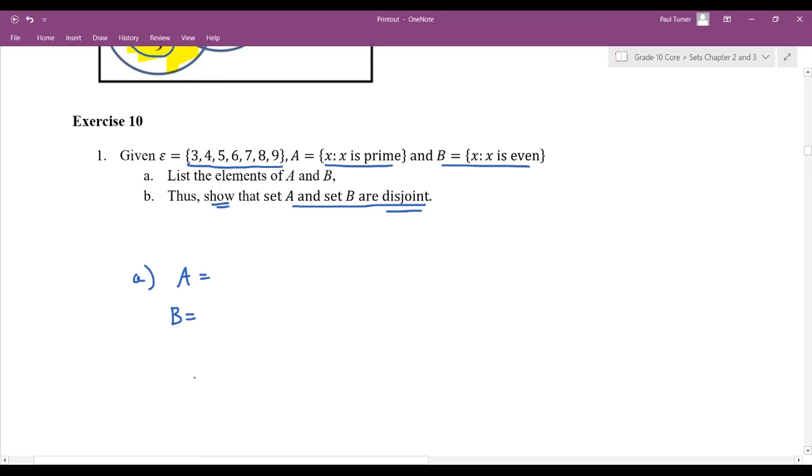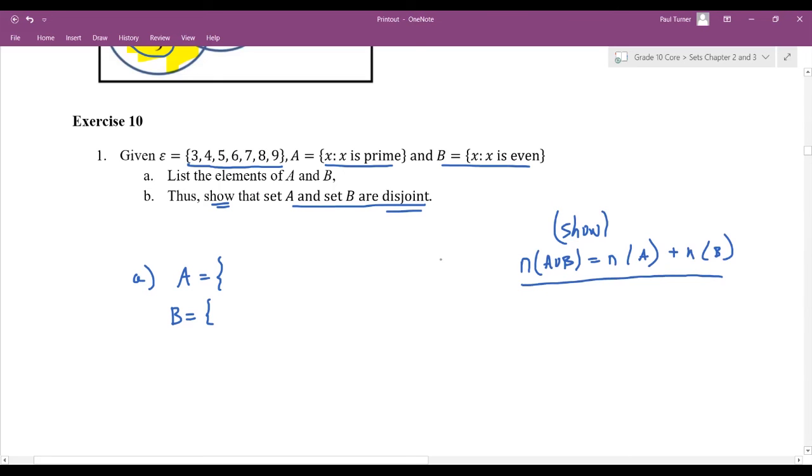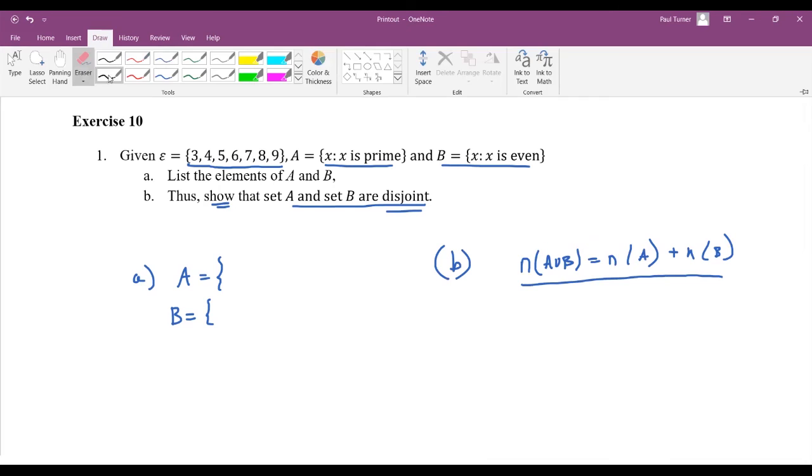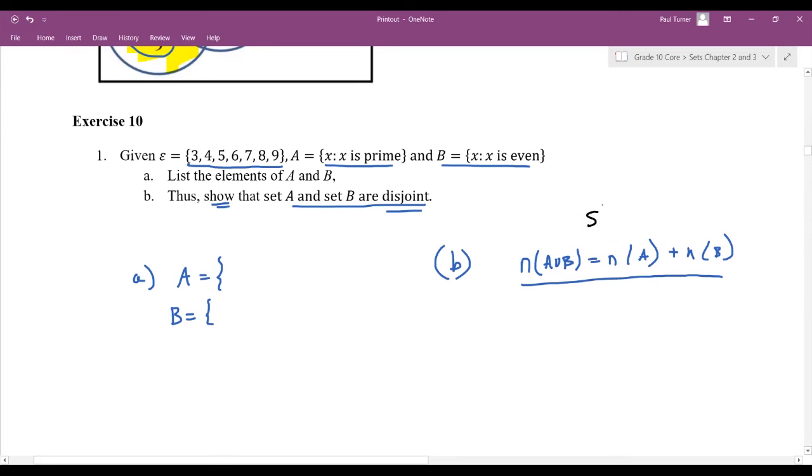What do you do? Try that for a minute because I think our time is going to run out. I think if you show this, you would do that for part B because that's the rule that we saw previously. That's all you need to do there. So show that, because it says show, so we have to prove it somehow.